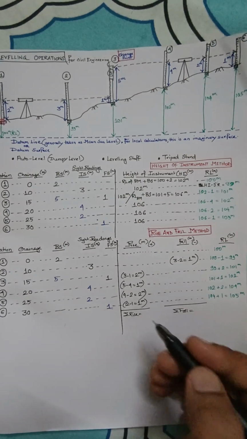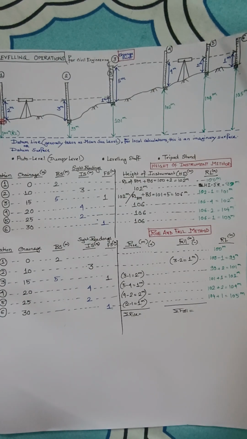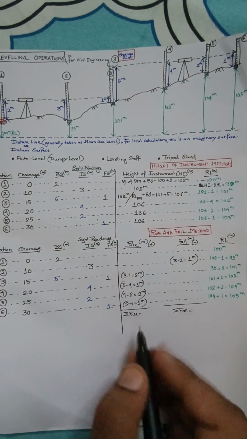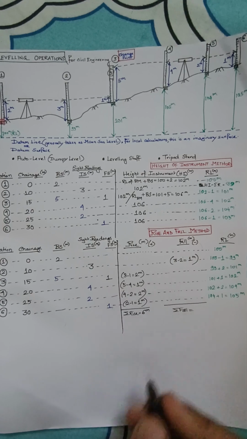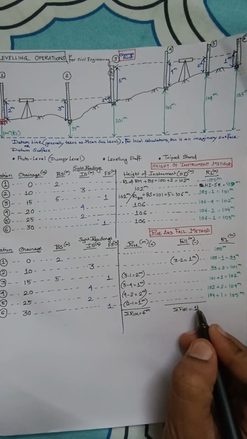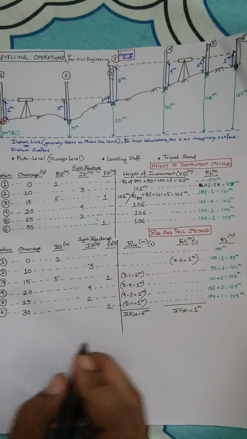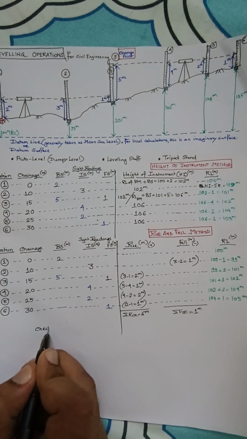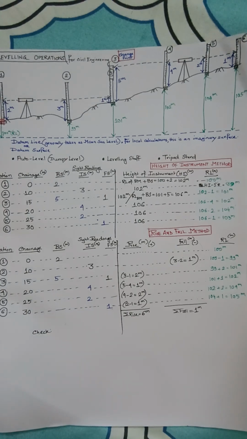How much is the sum of this? It's 2 meter plus 1 meter, 3 plus 2, 5 plus 1, 6. It is 6. And how much is the summation of fall? It is nothing but 1. So there is a small check that you have done it correctly.